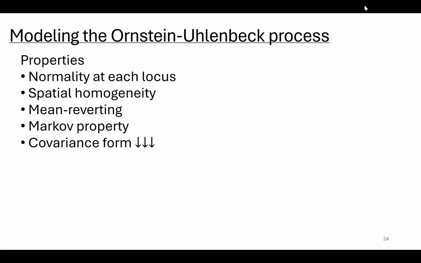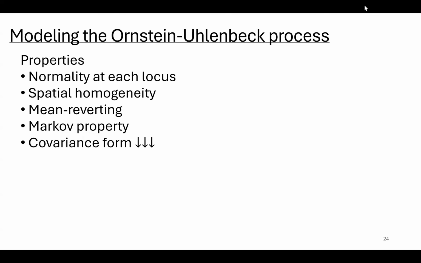Our approach is going to be to model the IBD rate process as an Ornstein-Uhlenbeck process. This mathematical process has the following properties. At each point on the process, we have normality, which we feel is motivated by our central limit theorem in the prior project. We're going to have spatial homogeneity, so common mean, common variance across the genome, and that's a part of our null model.